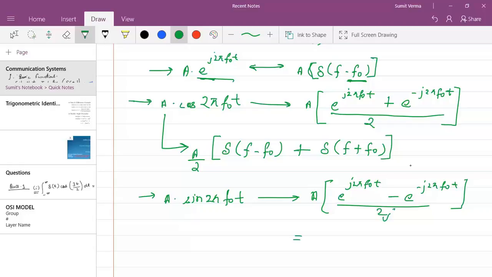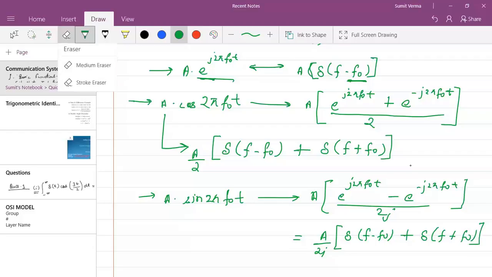Now the constant also changes, it becomes a by 2j, and this would be del of f minus f naught minus del of f plus f naught. Sorry, not plus there, it should be minus.